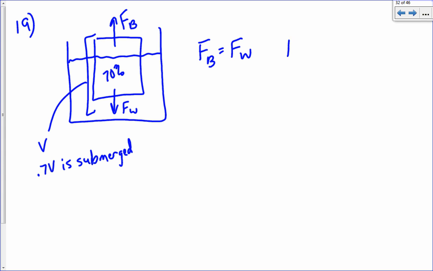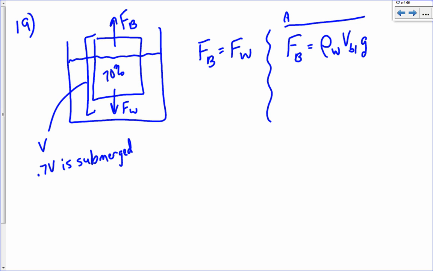I also know that the buoyant force is equal to the density of water times the volume of the block times G. This is Archimedes' principle. In this case, it's not the volume of the block, it's 0.7 times the volume of the block because that's the amount that is submerged.